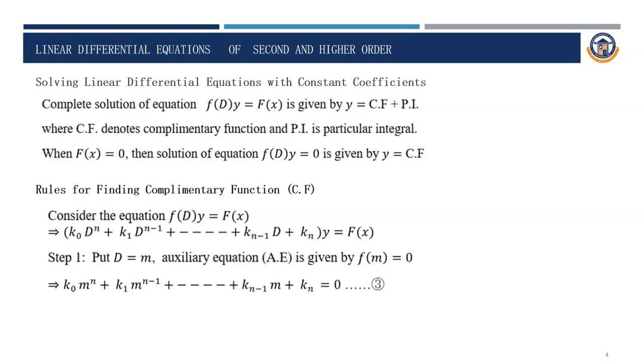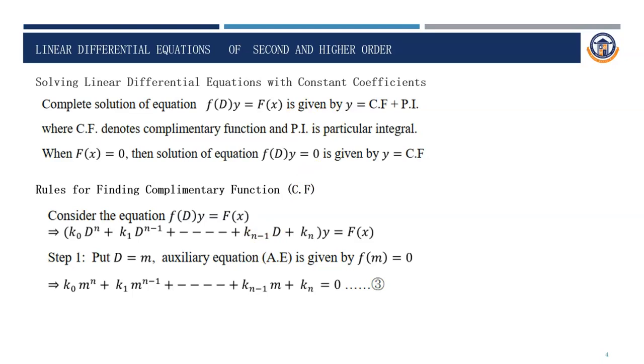When the right hand side F of x is equal to 0, then the solution of the equation f of D into y equal to 0 is given by y equal to only the complementary function. So what are the rules for finding the complementary function?